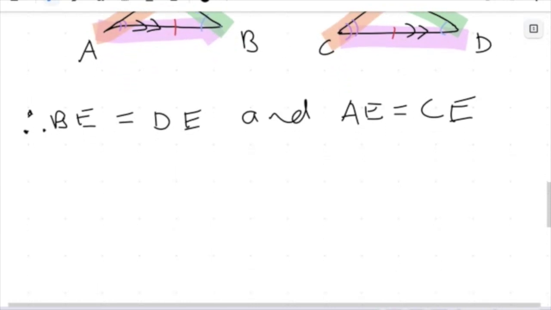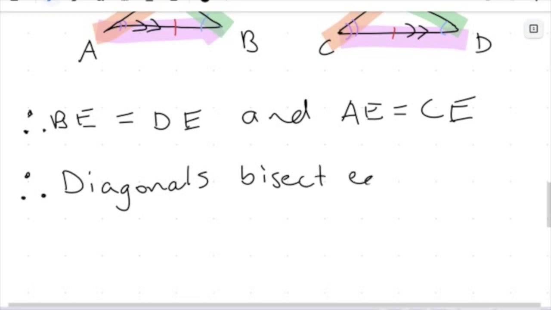And then that means that the diagonals bisect each other. So therefore, the diagonals bisect each other. I have come to the end of my proof.